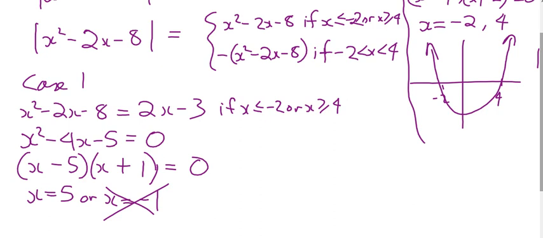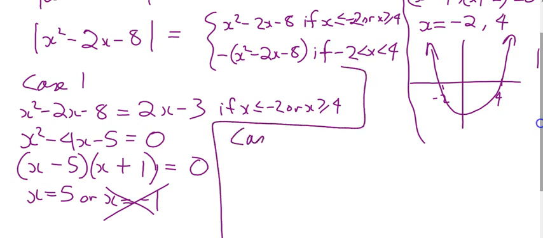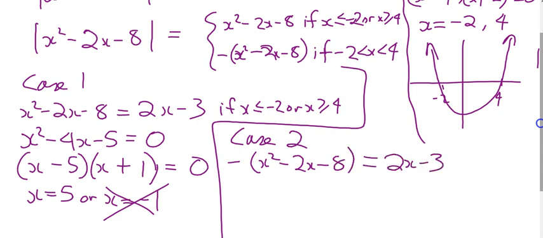Okay, case 2. Squeeze this in here. So case 2 is the negative, right? This is case 2, right here. So we write down negative x squared minus 2x minus 8 is equal to 2x minus 3.